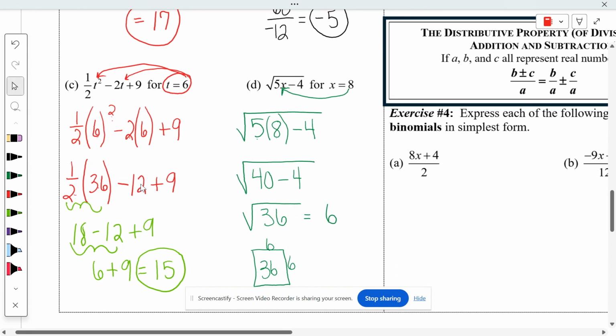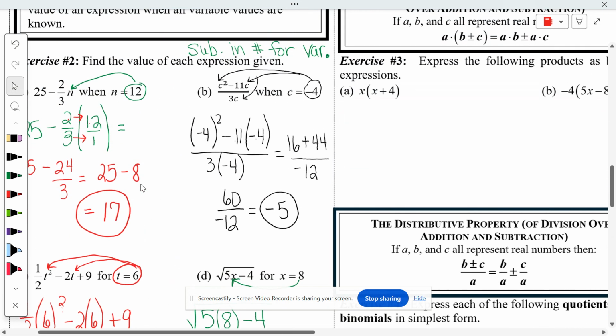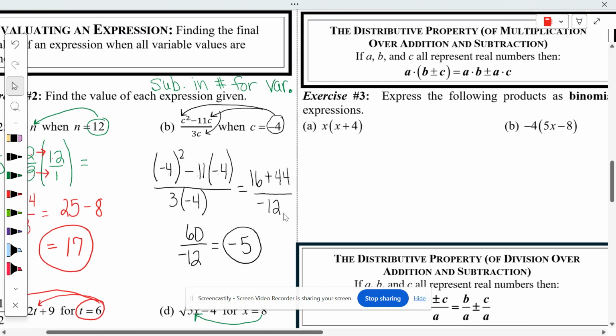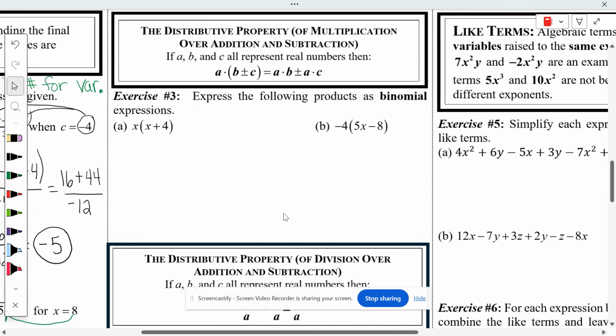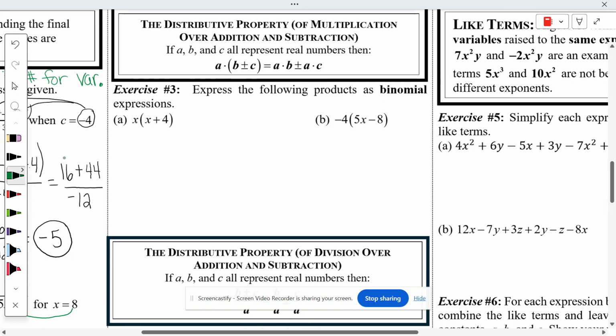Okay. Now let's go to exercise number 3. Exercise number 3 talks about the distributive property. We should absolutely remember the distributive property. It just says that when you have a number outside of a parenthesis, you multiply each term inside of the parenthesis by that number.